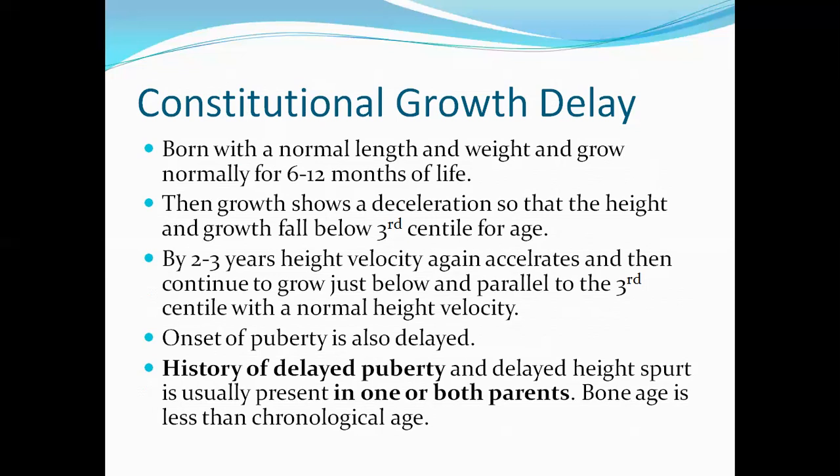By 2 to 3 years, height velocity again accelerates, and then they continue to grow just below and parallel to the third centile with a normal height velocity. Onset of puberty is delayed. A history of delayed puberty and delayed height spurt is usually present in one or both parents. Bone age in this case is less than chronological age.